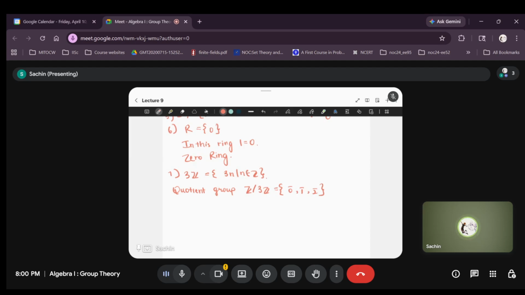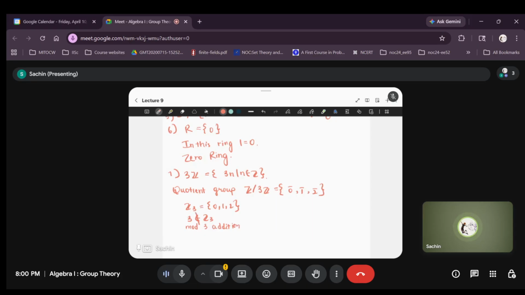For example, if you consider Z3, which is 0, 1, 2, 3 is not a member of Z3, where you are dealing with mod 3 addition. 3 does not belong to Z3.